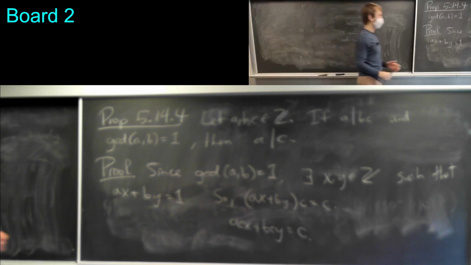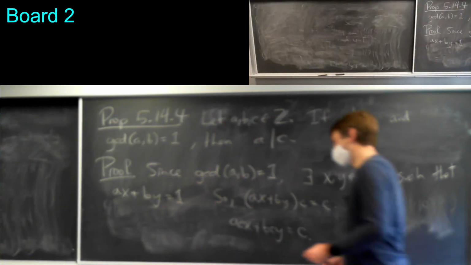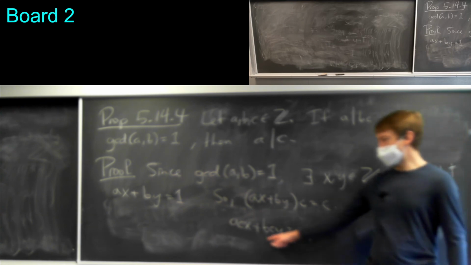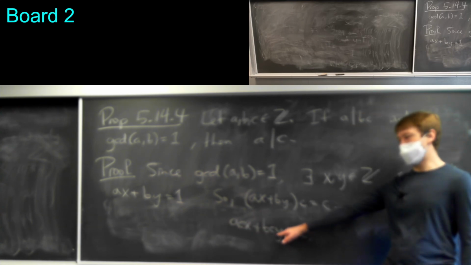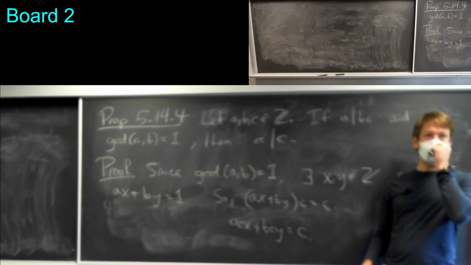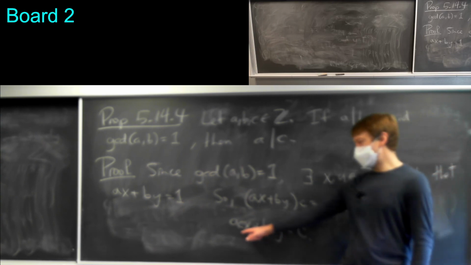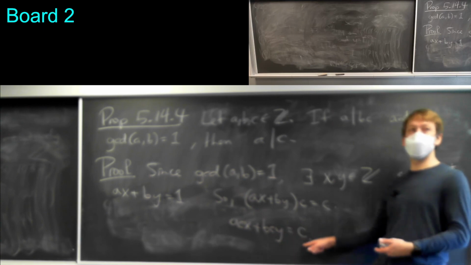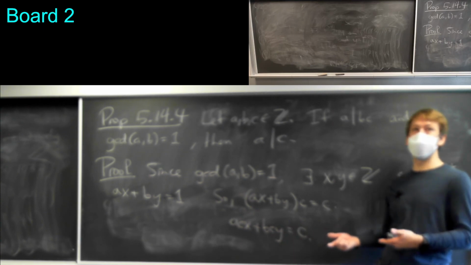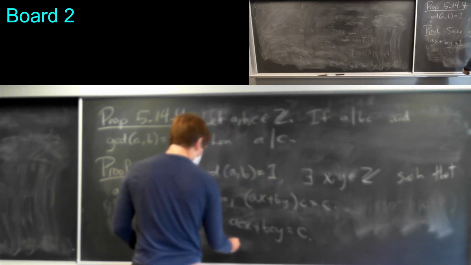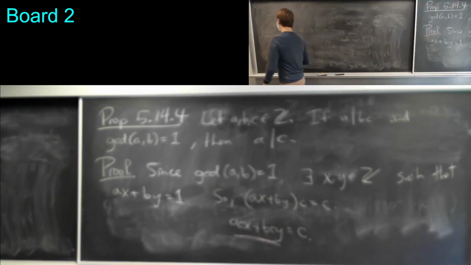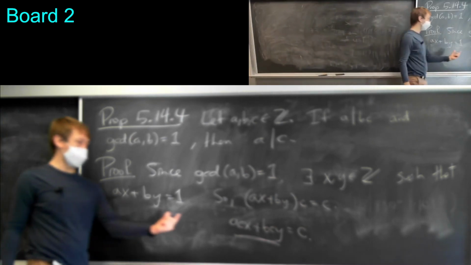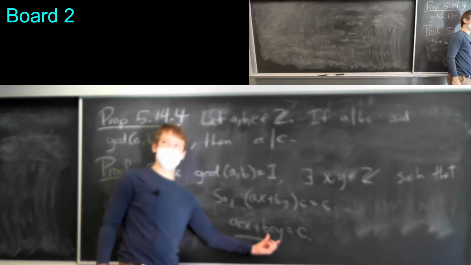Okay, it's maybe still not that clear, but I want to show that a divides c, and I've got this equation for c. So if I can show that a divides this side, then since it's equal to c, a will divide c. So let's show that a divides the first part, acx, and the second part.